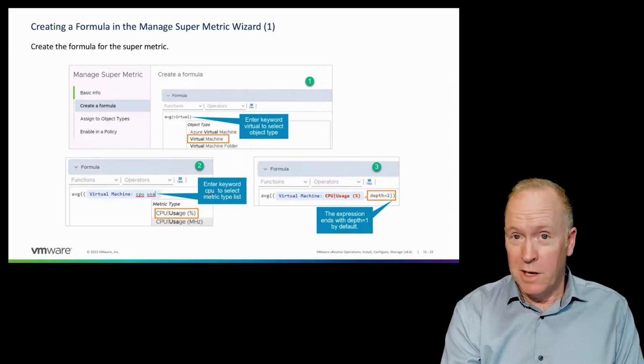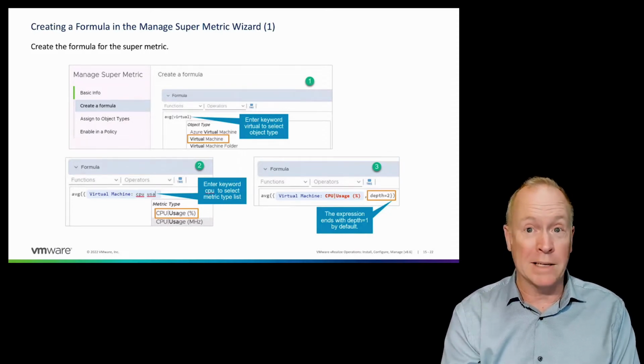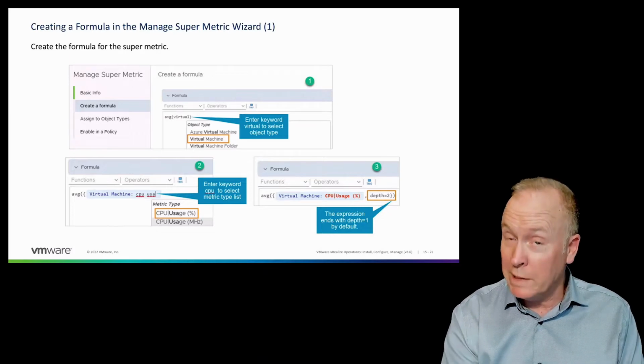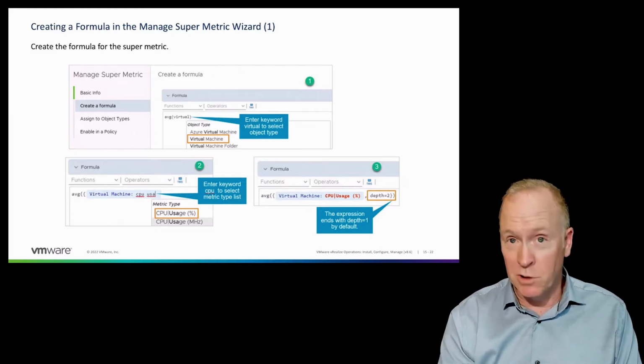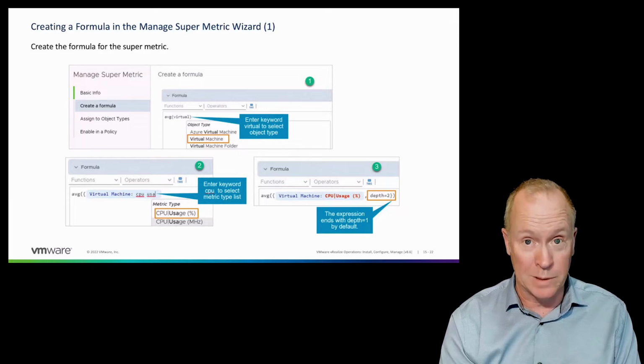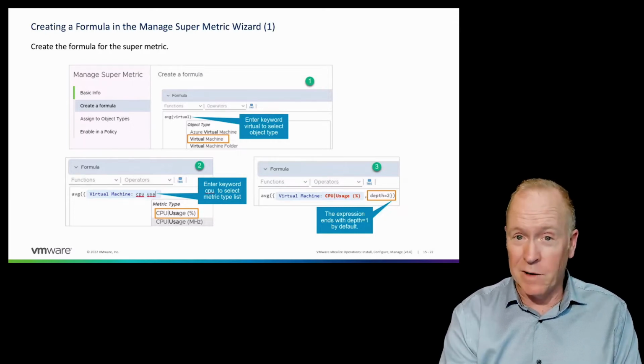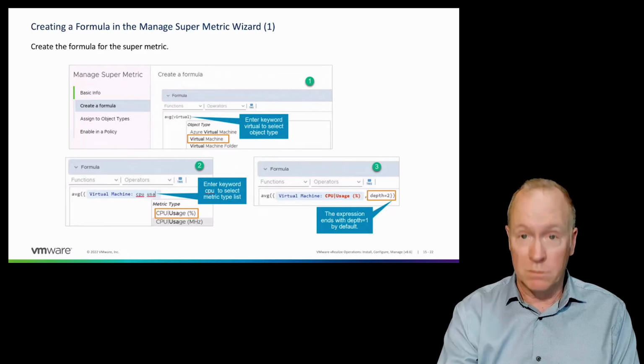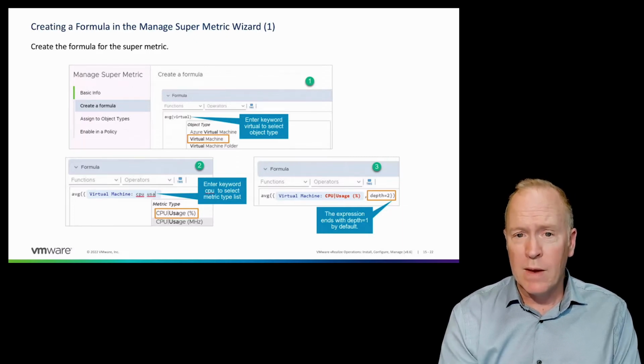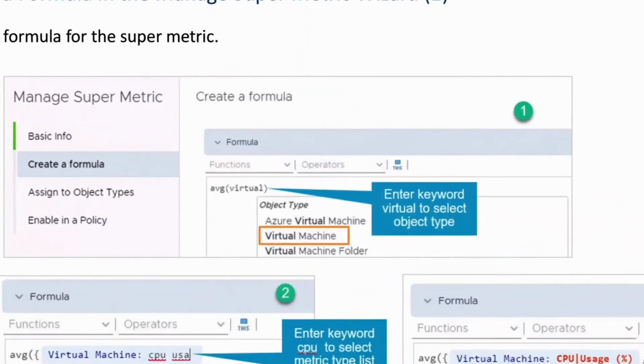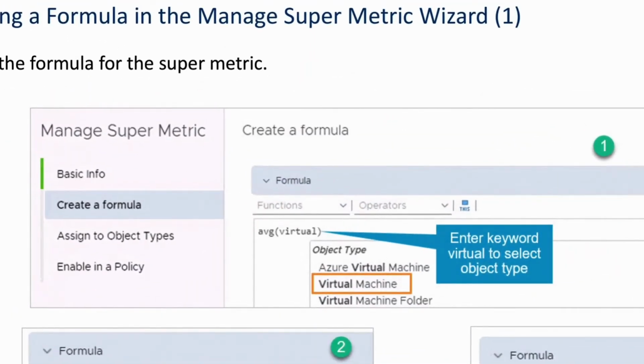Step 2 is where things get more complex, and they get as complex as you want to make them. The more complex your supermetric, the more complex your formula is going to be. But let's take a look at a simpler supermetric and what it would take to enter its formula. If we look at this screenshot on the top, in the create a formula step, our job is to type a formula that the supermetric will use to calculate its values.